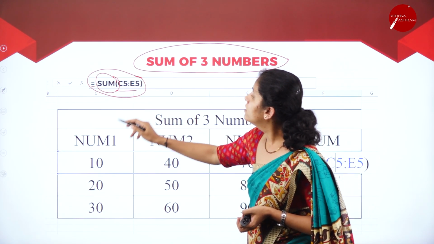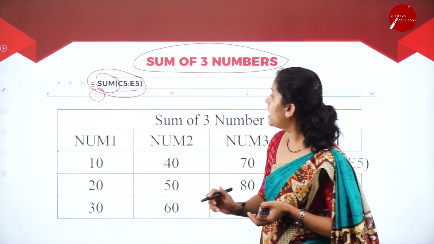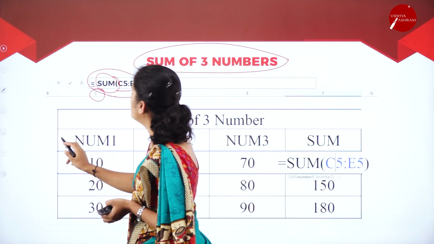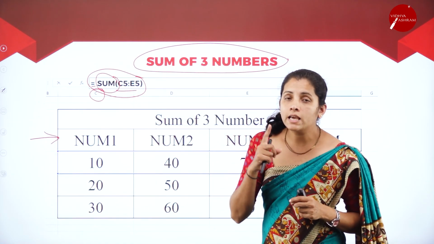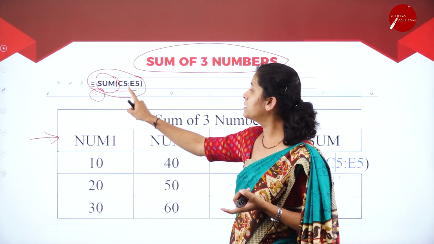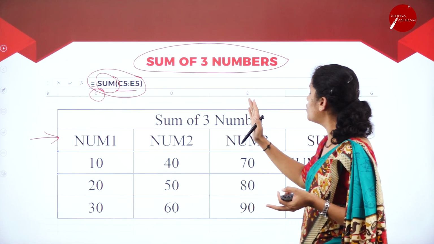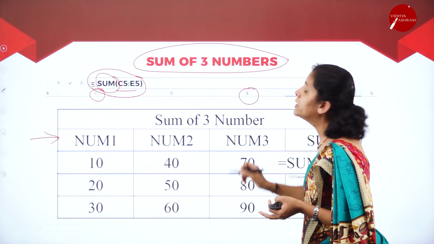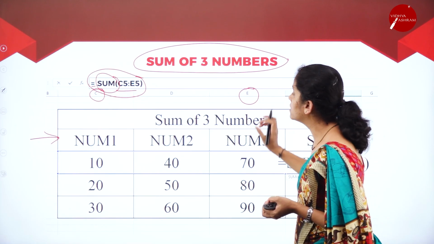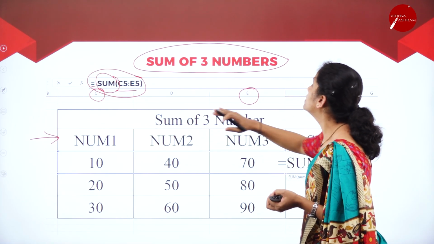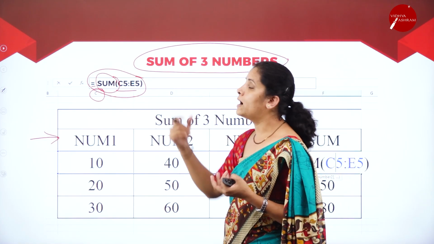So here I'm going to have the Cth column, and I'm going to have the fifth row. What is my cell address here? That is nothing but C5. And where do I want to stop? I want to stop in the Eth column. And what is the row number? That is once again 5. So what is the range I want to pass here?